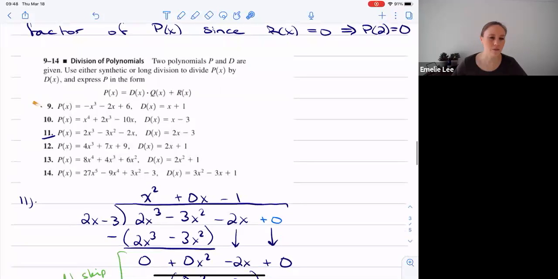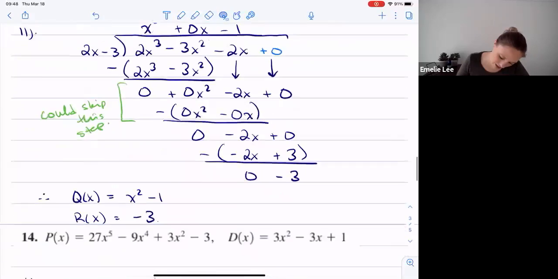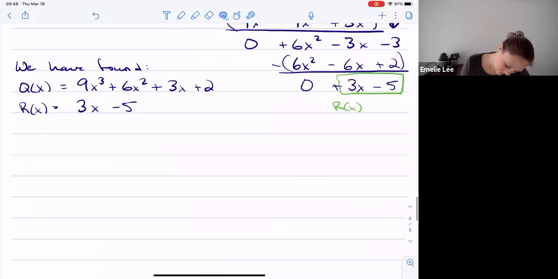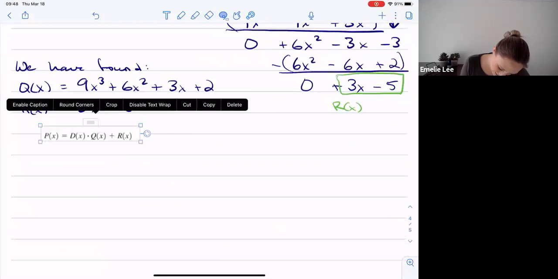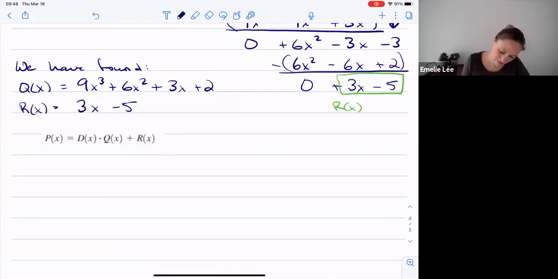Okay. So in fact, we want to write it like this in this case, because no harm in writing it out once.